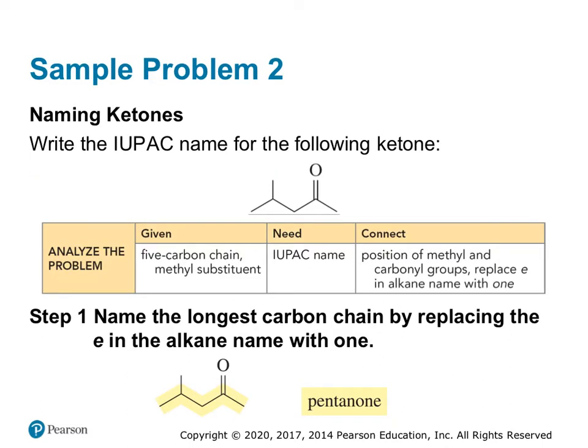So looking at the IUPAC name for this ketone, I see here's my carbonyl group, but I have 1, 2, 3, 4, 5 carbons. So that is pentane, so that becomes pentanone. And then I have to give the numbering of the carbonyl group as well as the substituent group.